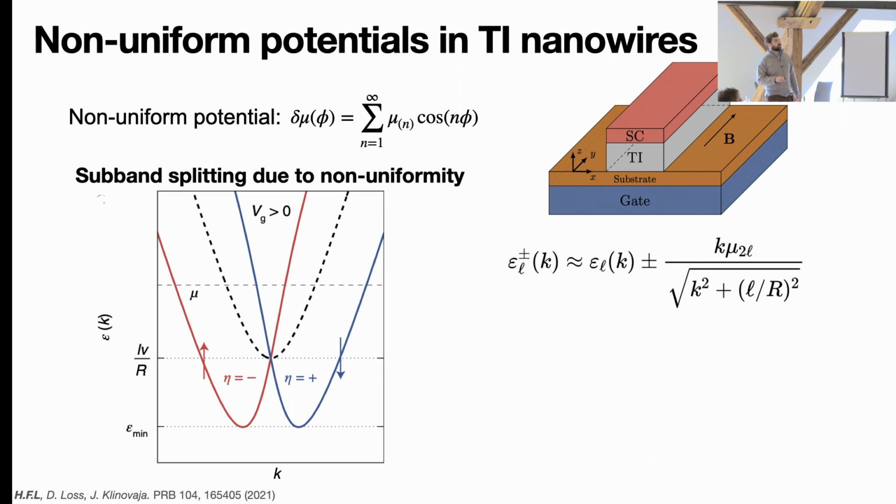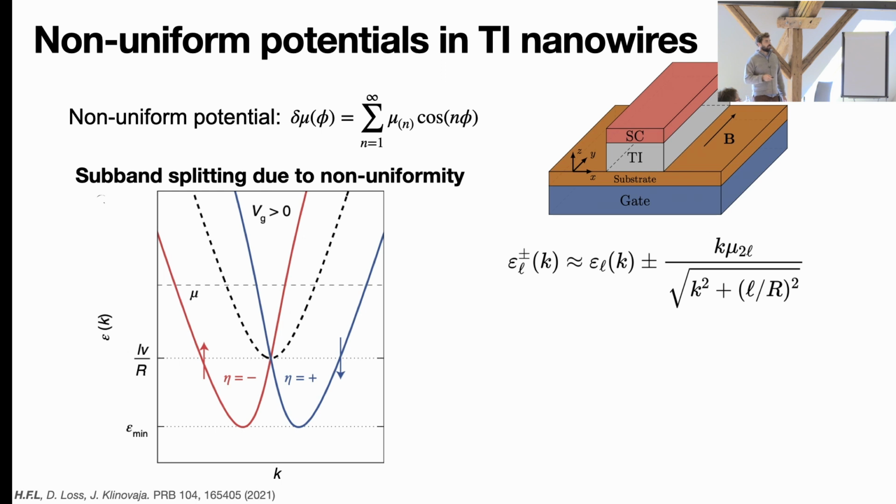This comes from the fact that I localize my state more to the top of the nanowire or more to the bottom. But at k equals 0, because of Klein tunneling effects, the non-uniform potential actually has no impact. That's a fundamental consequence of the TI surface state being described by a Dirac equation.